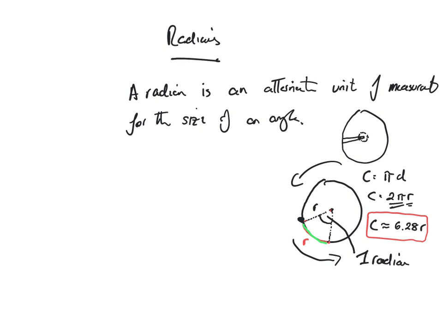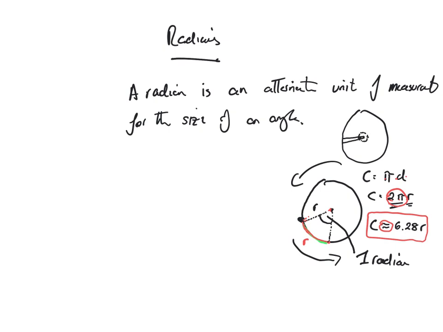So what is it again? You've got the radius of a circle. You take that radius and wrap it around the circle. You pull it tight, but it's a piece of string, imagine, so that you can curve it around the circle, and it's still got a length of R. The circumference of a circle is pi times the diameter, which is pi times the radius times 2, which is 2 pi R. 2 pi is about 6.28, so roughly the circumference is about 6.28 lots of the radius.